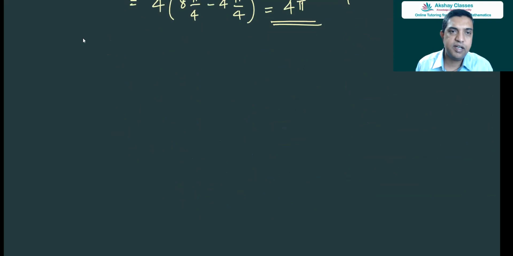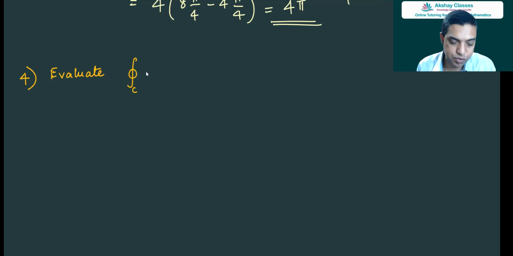Now, this is a line integral. Evaluate the integral around the closed loop x cube dy plus y square dx. So f dot dr will turn out to be like this.